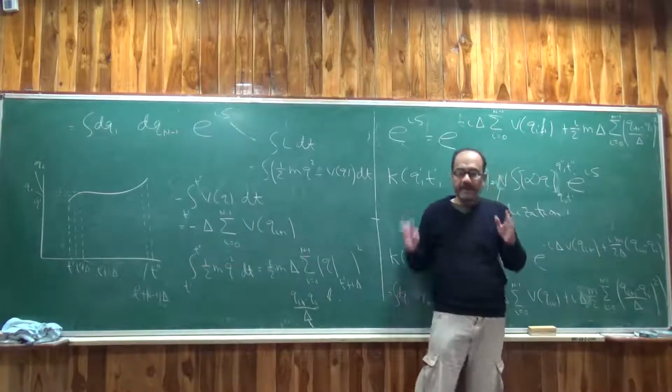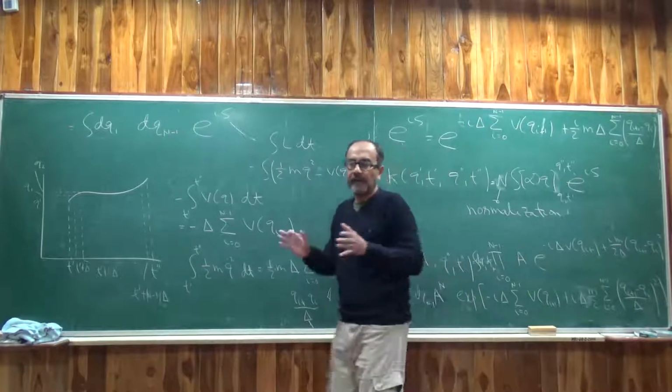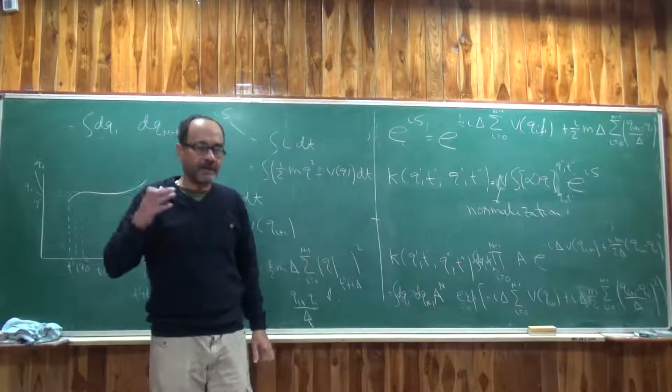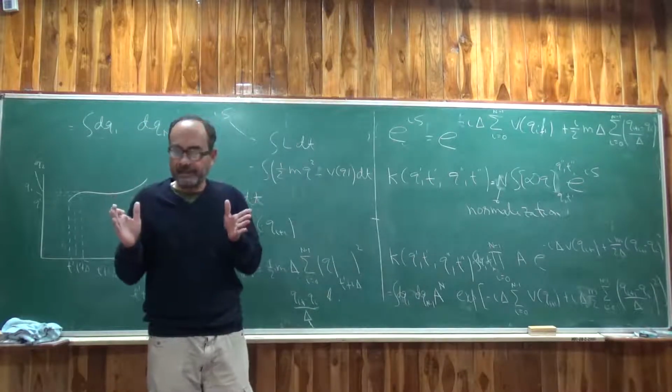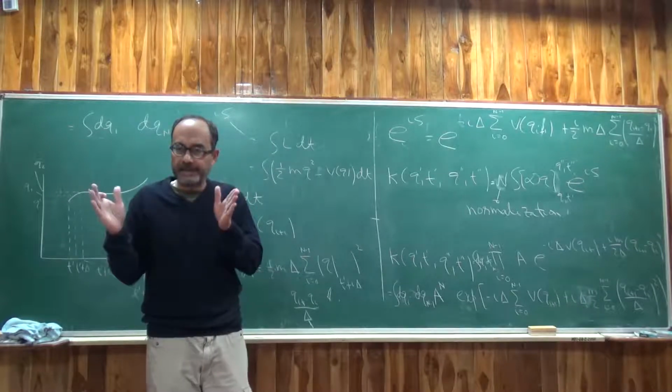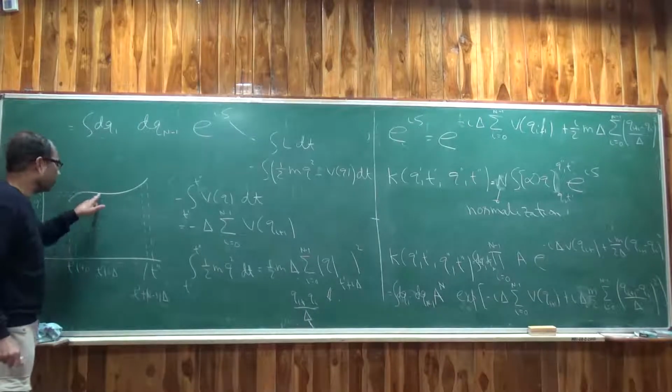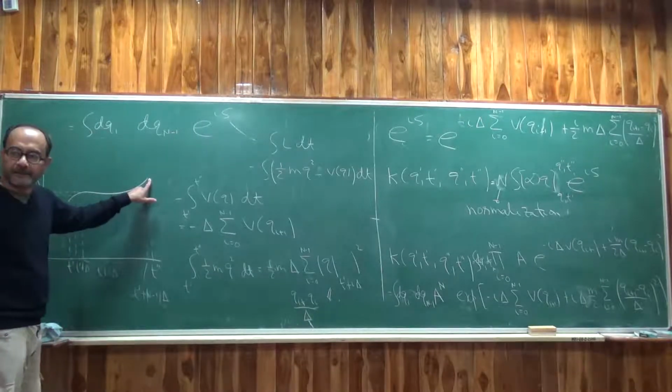But in practice, when you actually try to implement it, of course, you cannot integrate over continuous paths. You will break the path into many segments, just like what you have done here. A path is a collection of q values at regular intervals.